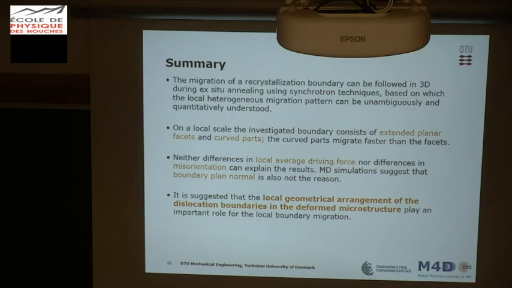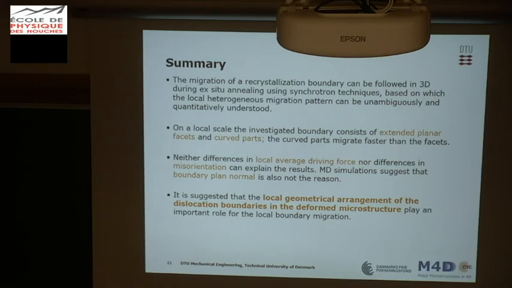A short summary: with these techniques we can get details about boundary migrations. So we can analyze the details of boundary migration velocities, the driving force, the boundary plane normal and misorientations. One important conclusion we have is that the local geometrical organization of the dislocation boundaries plays an important role in boundary migration.